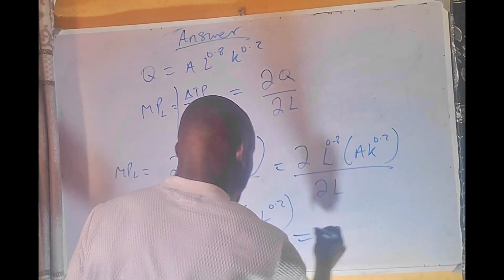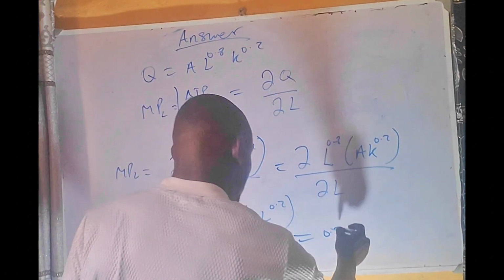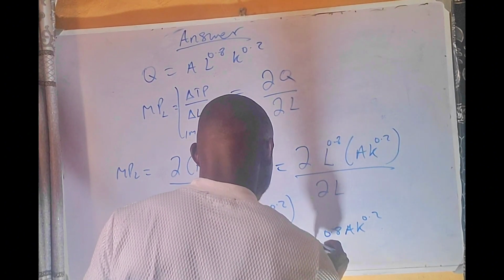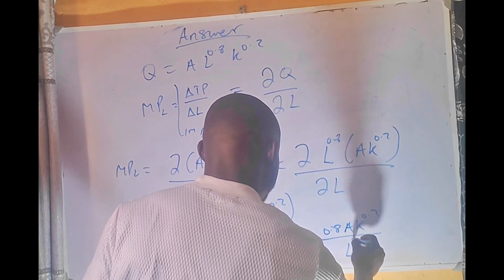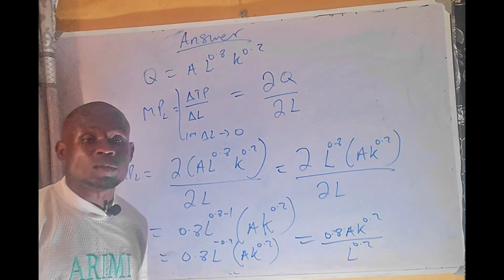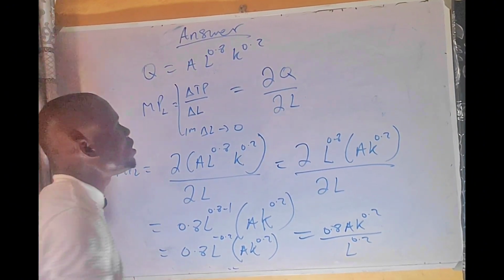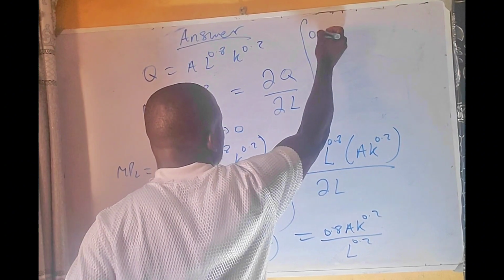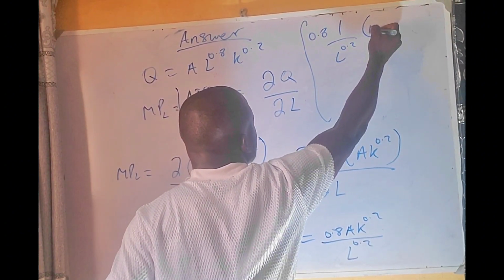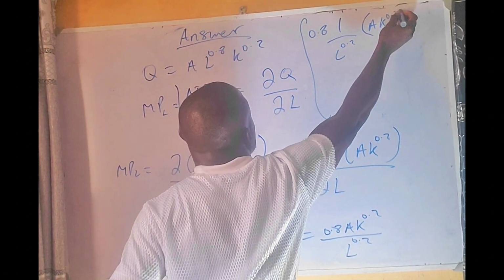Which is equal to 0.8 A K^0.2 all over L^0.2, because L raised to power minus 0.2 is the same as 1 over L^0.2. So it is 0.8 times 1 over L^0.2 into A K^0.2.